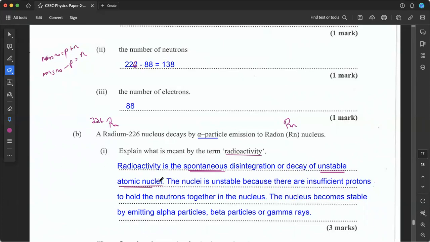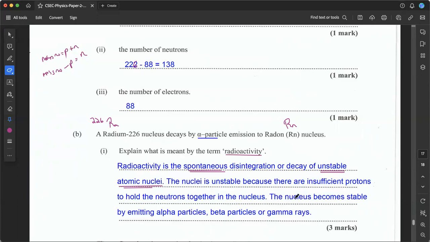Okay? So I've added a little more detail here to say that the nucleus is unstable because there are insufficient protons to hold the neutrons together in the nucleus, right? That's the source of instability in these radioactive isotopes, or radioisotopes.